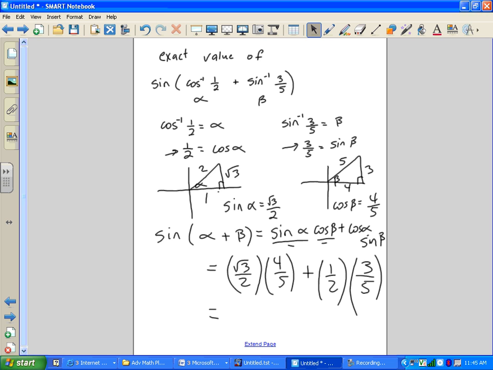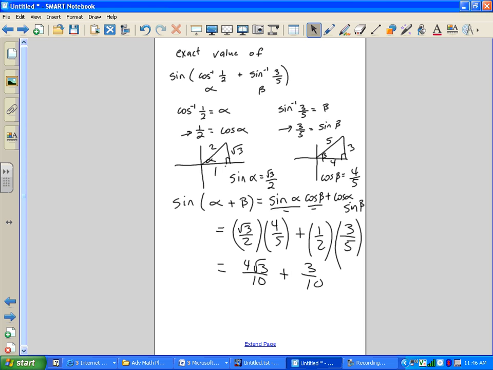Okay, so let's multiply before we add here. This is going to give me 4 square root of 3 over 10, and then 3 over 10. And notice I can't add a radical and a whole number there, so I'm going to have to write it as just 4 square root of 3 plus 3 all over 10.